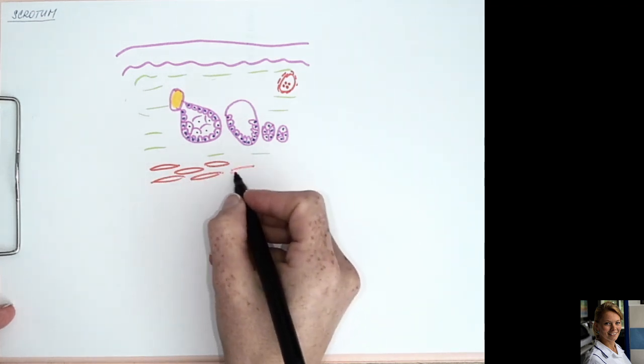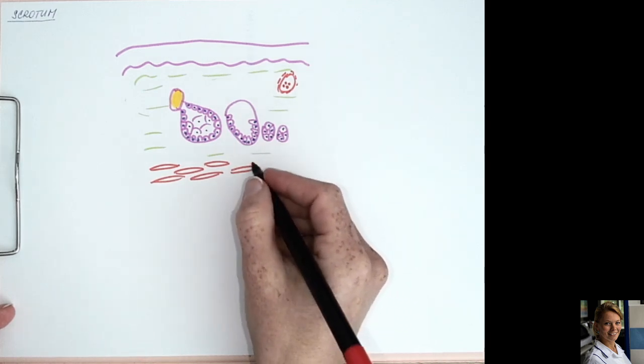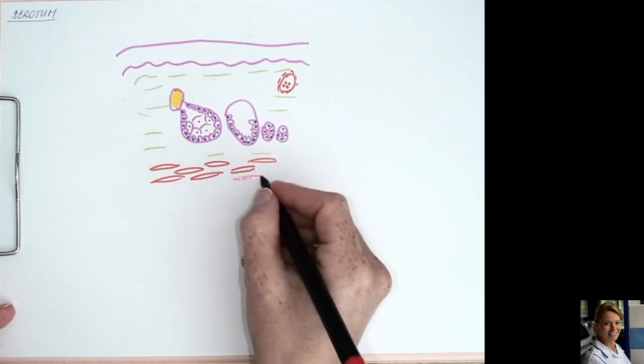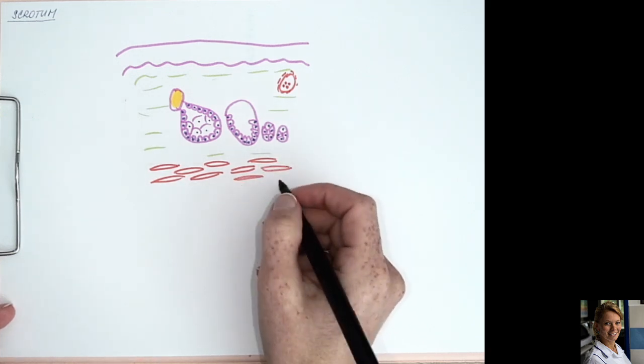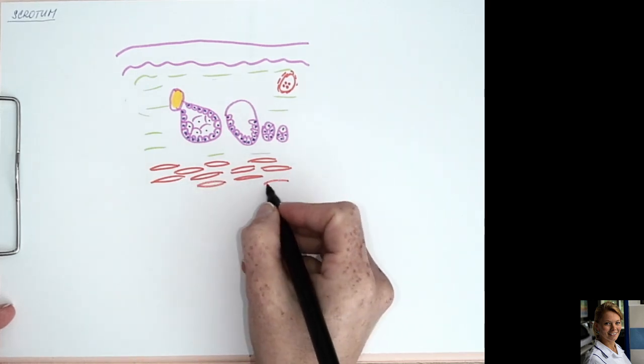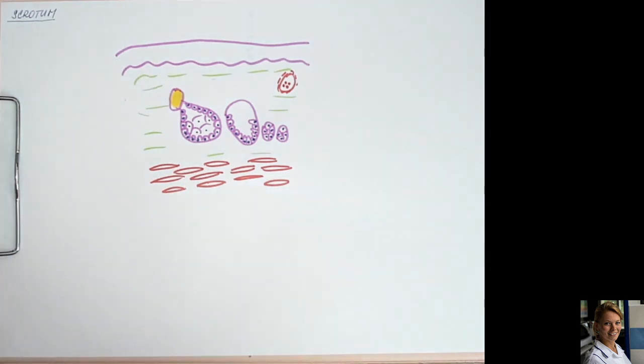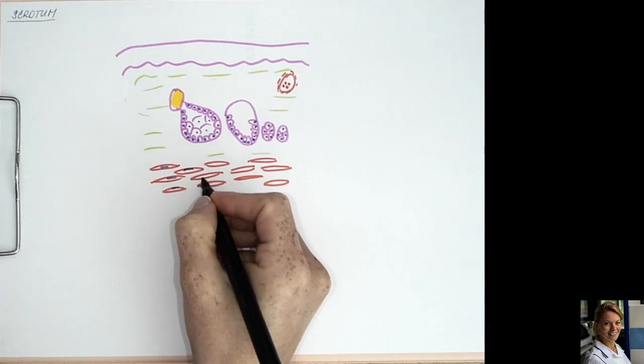It's necessary to maintain a constant temperature, a temperature lower than that of the abdominal cavity, for sperm production. Smooth muscle cells.